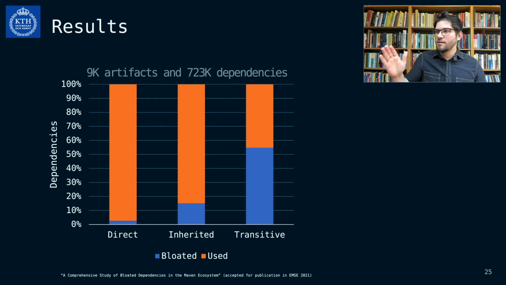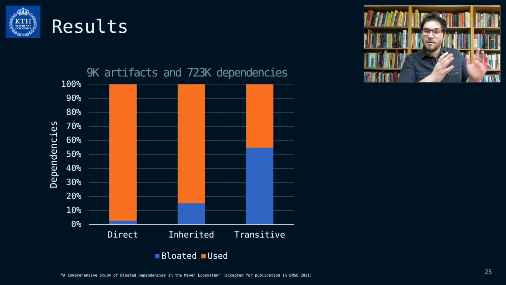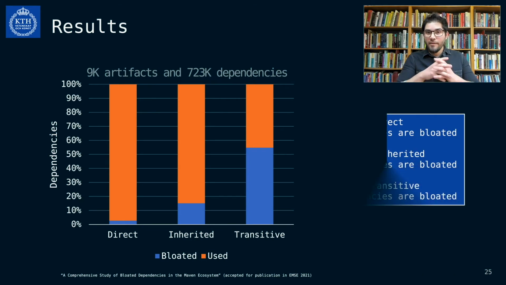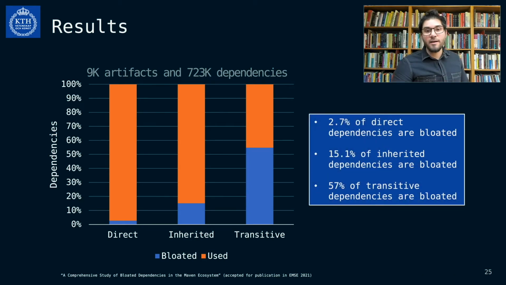This bar chart summarizes the results obtained. Each bar represents the percentage of dependencies of each type, direct, inherited, and transitive, that are bloated, in blue, or used, in orange. The key result from this figure is that 2.7% of direct dependencies are bloated.